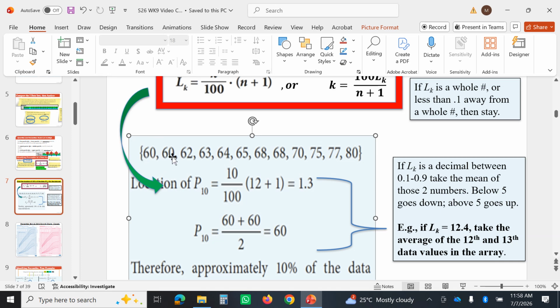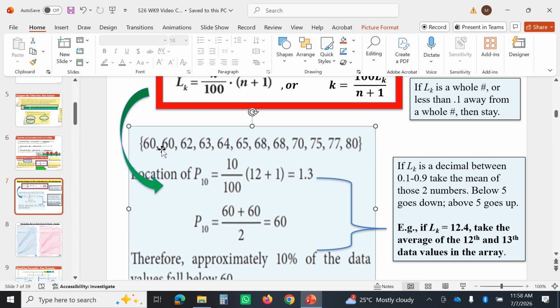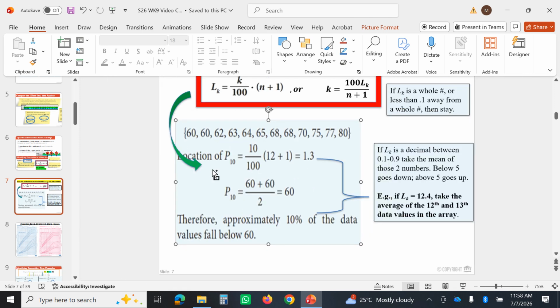But wait a second, we've got these two numbers here. 1.3 falls in between two numbers, because that's what we're trying to find, the location of the 10% of all data points. So in this case, I'm in between these two numbers. I add these two up and divide by 2, and 60 divided by 2 is still going to be 60. Therefore, approximately 10% of the data falls below 60.